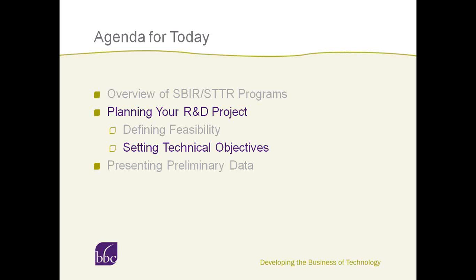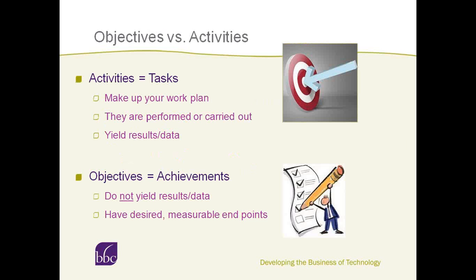And this is where we're going to get into Rob's comment about how we measure them. First of all, we've got to distinguish between objectives and activities. This is an issue, and a confusion, that we see all the time. Activities, as the definition implies, are tasks. And tasks make up your work plan.